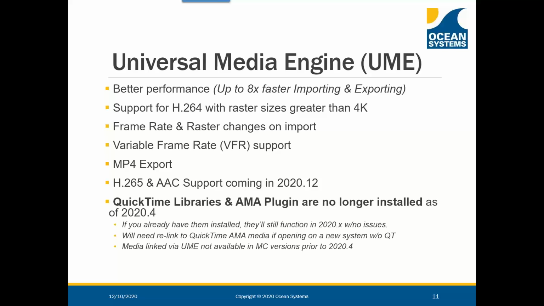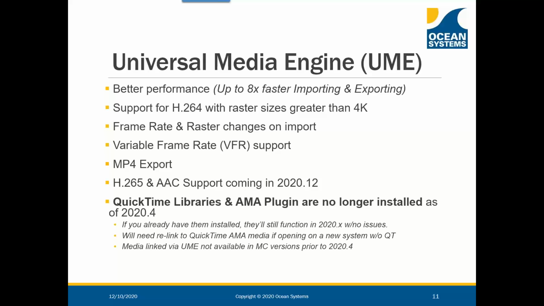Media Composer 2020 specifically changed some major things under the hood. Now, 2019 looked a lot like 2020, almost identical, but 2020 introduced the new Universal Media Engine capabilities, much more, I should say, actually introduced in 2019, but the Universal Media Engine, as far as linking goes and importing and exporting, 2020.4 is a game changer.